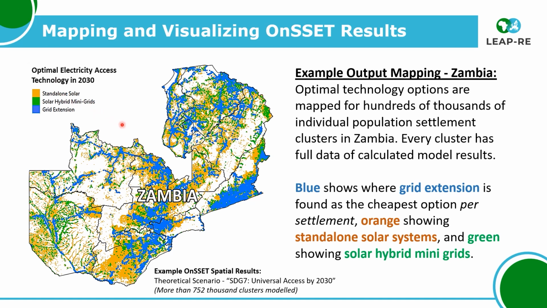In the map shown below, we can see this scenario plotted out. In the blue, we have where grid extension is expected to be the least cost option. In yellow, where standalone solar home systems are expected to be the least cost option. And in green, where solar hybrid mini-grids are expected to be the most cost-effective option.